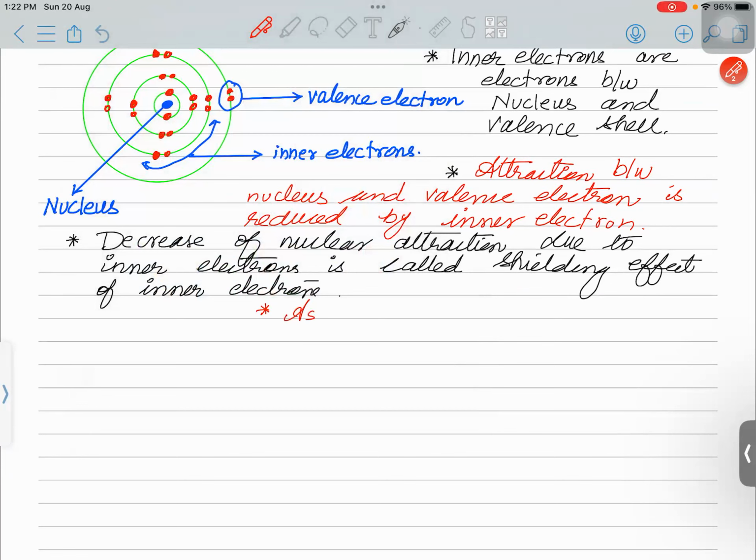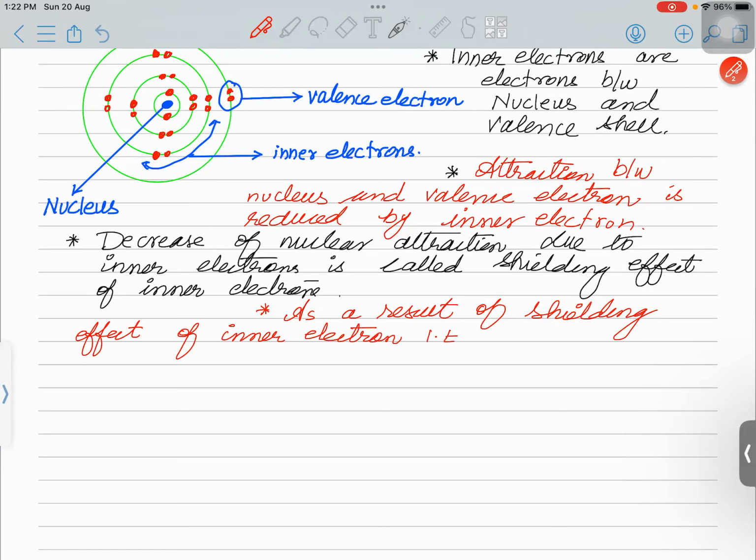As a result of the shielding effect of inner electrons, ionization energy decreases.